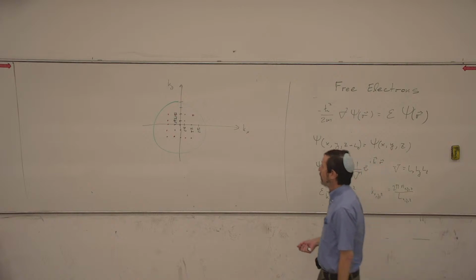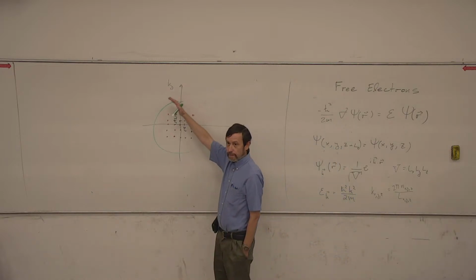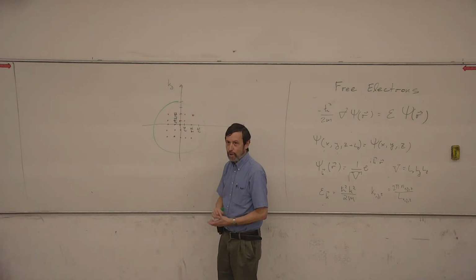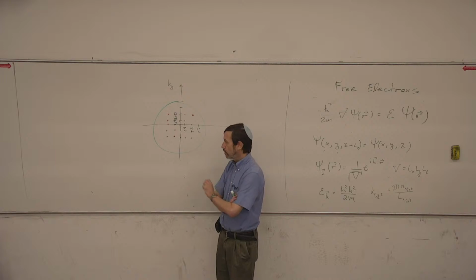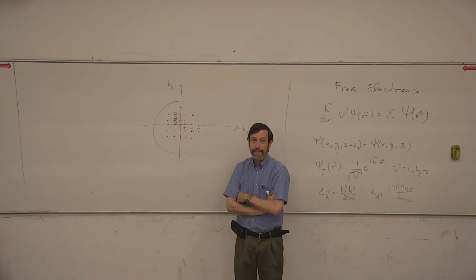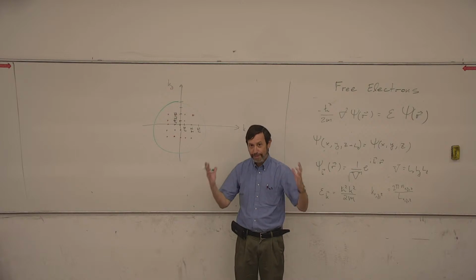So, what is this circle called? Circle in 2-dimensional, ball in 3-dimensional. Density of states? No, density of states is the number of states per unit volume. Ah, the Fermi surface.